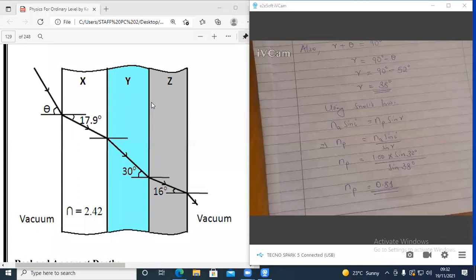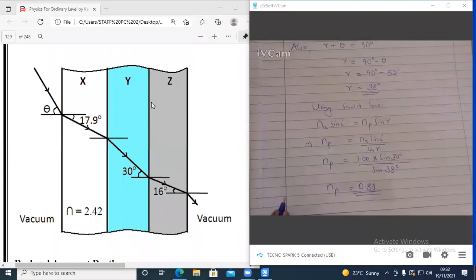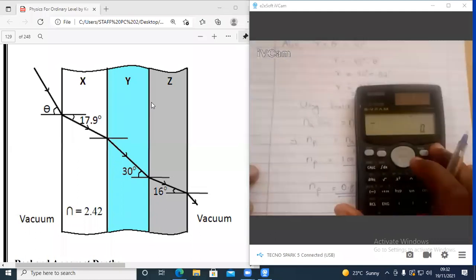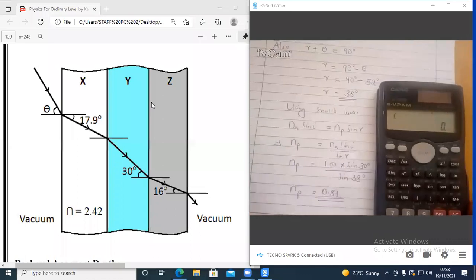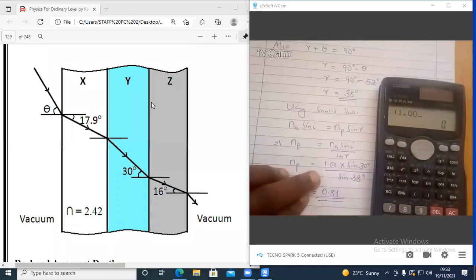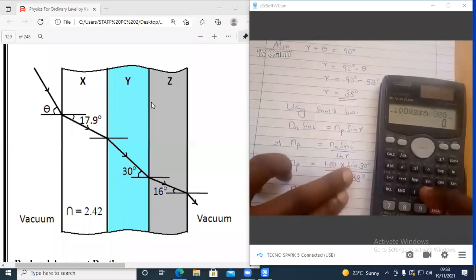Teacher, can you help me first press the calculator again to get that answer? Okay. It's like this. Open a bracket, 1.00 times sine of 30, close.